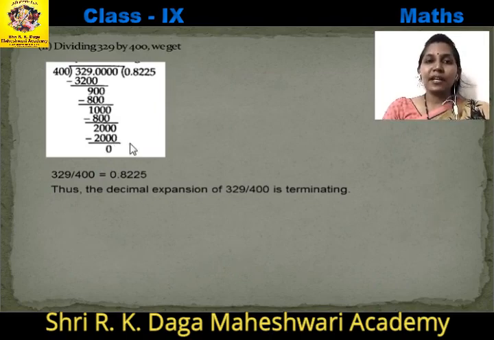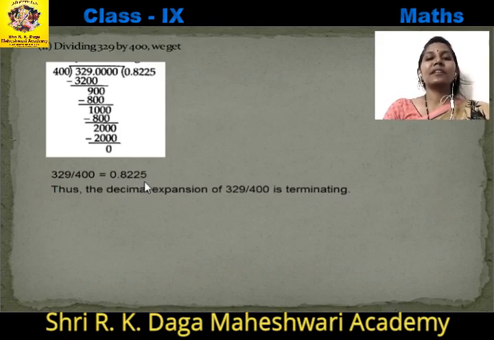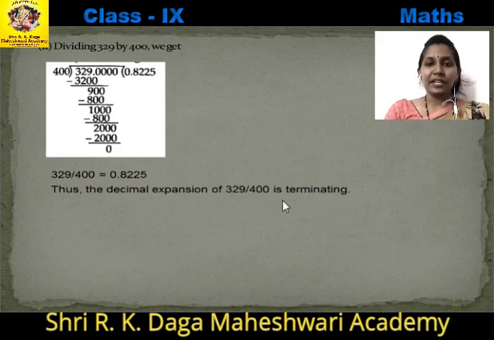It is divisible completely. So 329 upon 400 is equal to 0.8225. Now this decimal is terminating because the remainder is 0. Thus the decimal expansion of 329 upon 400 is a terminating decimal.